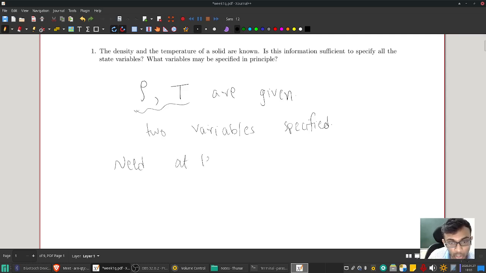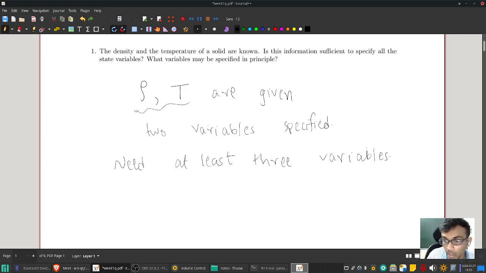So indeed, we cannot specify all the state variables with only these two variables specified. But interestingly, what can be specified is pressure in this case.